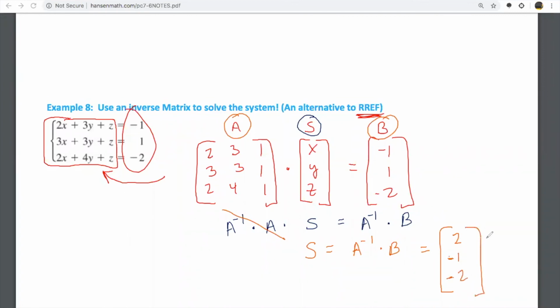So that is the solution to the system. X is worth 2, Y is worth -1, and Z is worth -2. So many would prefer to stick to RREF, but this is an alternative using the inverse matrix.